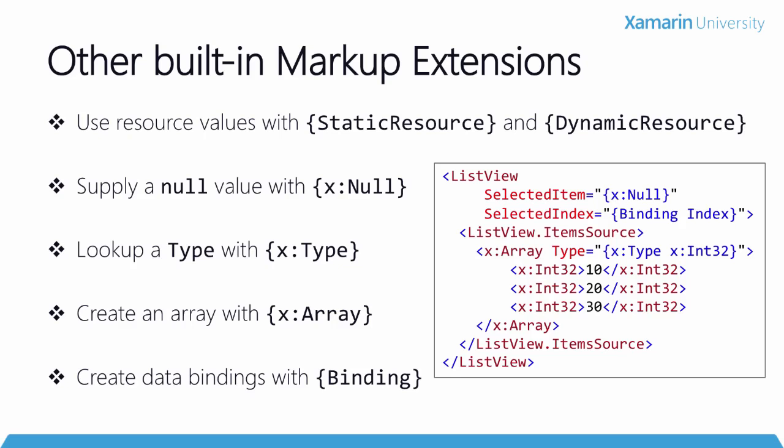We have x:Type, that's used to perform a typeof in XAML. The type object is created by the runtime, so it has no real definition at compile time, and therefore it requires a runtime lookup. x:Array is used to define an array in XAML. And Binding is used to create a runtime data binding. We're going to cover that extensively in the data binding class.